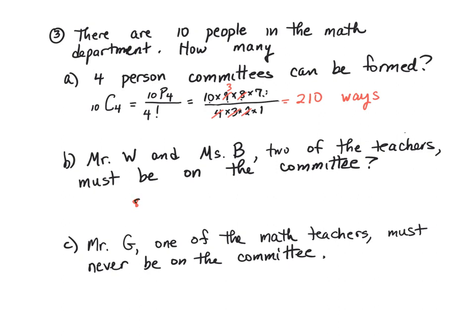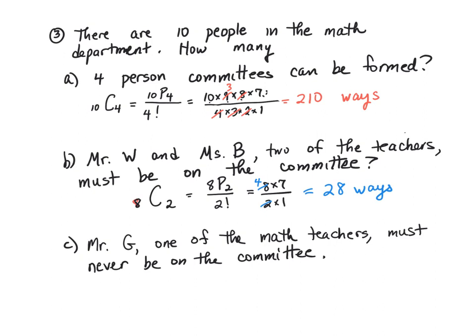And we just need 2 more people. So that would be 8 choose 2. So if we compute that, that would be 8P2 over 2 factorial, or just simply 8 times 7 over 2 times 1. And again, the 2 goes into the 8 4 times, and that would give us 28 ways. So if 2 people are already chosen, then the number of ways decreases.